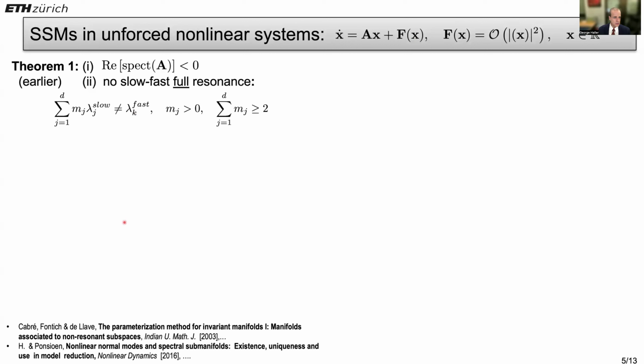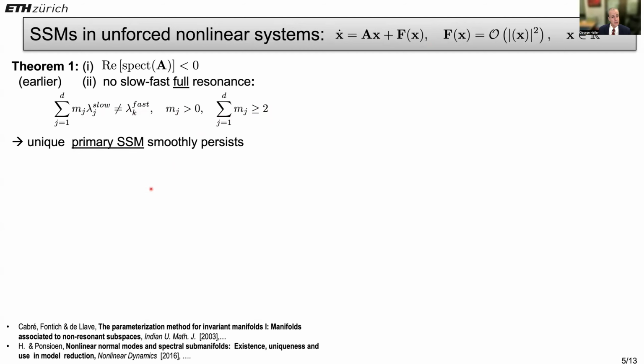So there's a result that has been known for quite a while now, originally in the more pure math literature, which we translated in 2016, and basically says that if the equilibrium point, the fixed point, is asymptotically stable, and there's no slow-fast resonance, so no non-negative linear combination of the slow eigenvalues hits a fast eigenvalue with these coefficients, then the linear picture carries over to the nonlinear system when you add the nonlinearity.